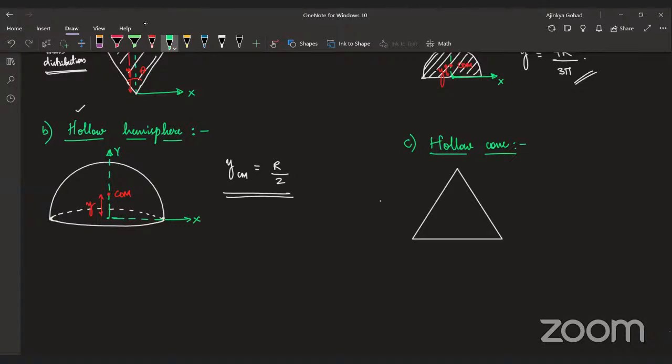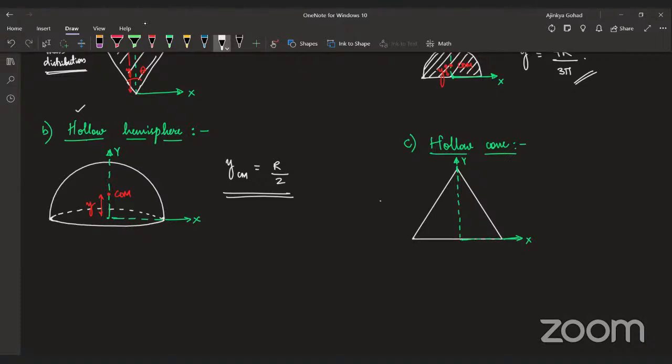So if this is the center, let's say this is the y-axis. This y-axis is going to be the axis of symmetry.